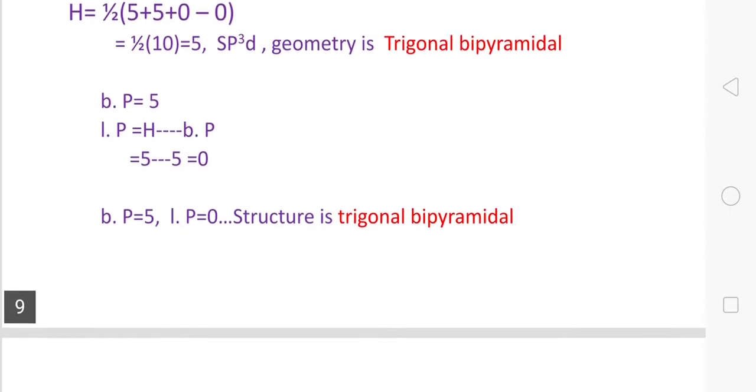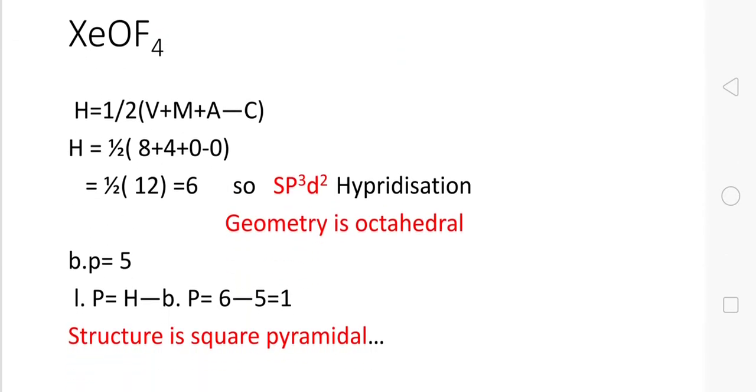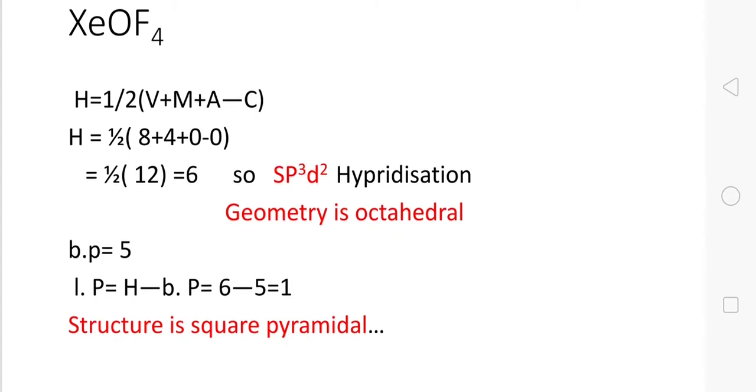Okay, then next, XeOF4, xenon oxyfluoride. H is equal to 1 by 2 (V plus M plus A minus C). What is V?